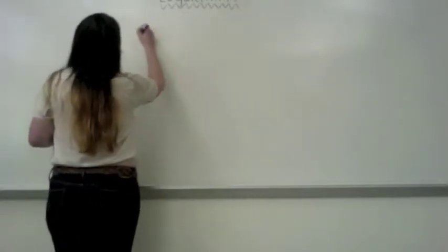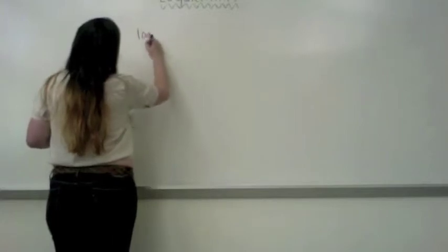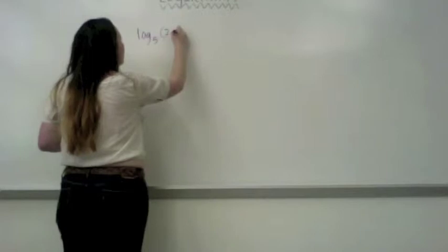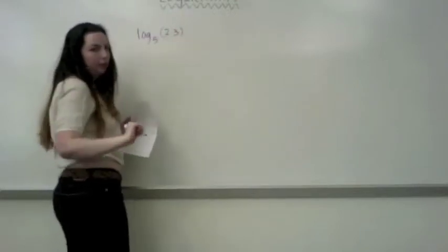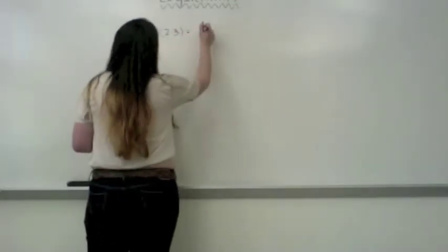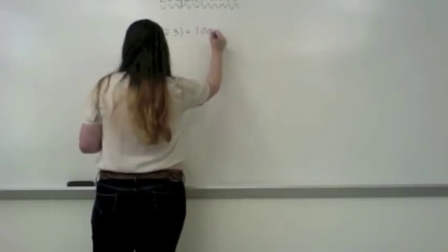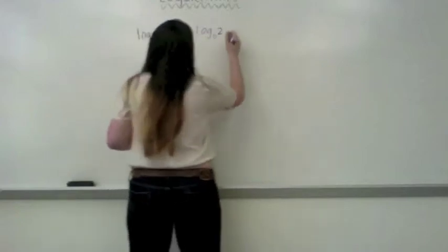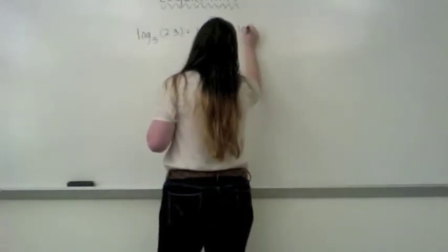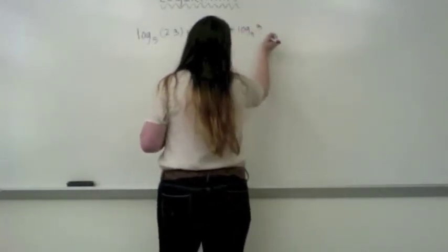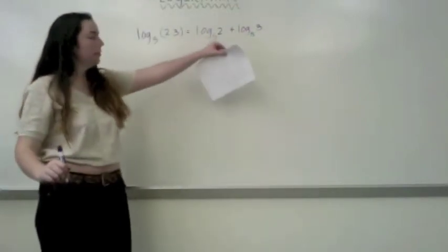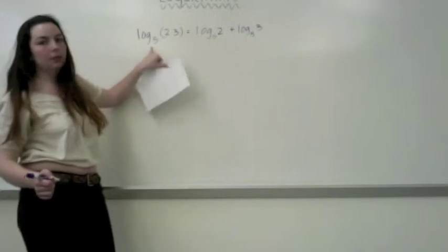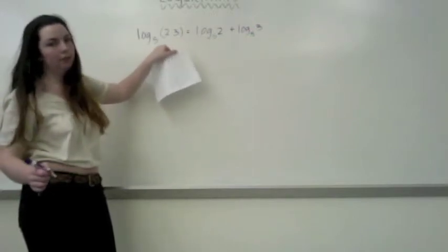So when you're presented with log base 5 of 2 times 3, we can rewrite this as log base 5 of 2 plus log base 5 of 3. And this will give you the same answer as if you were to compute log base 5 of 6.